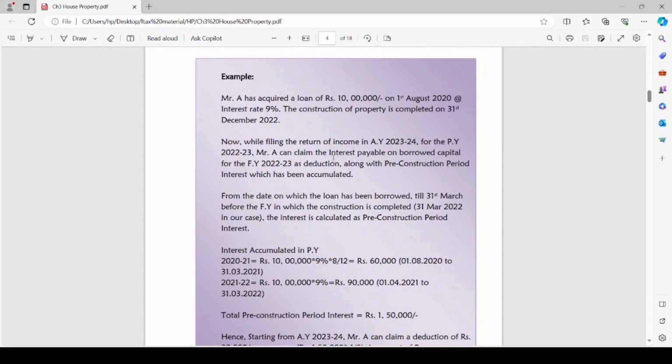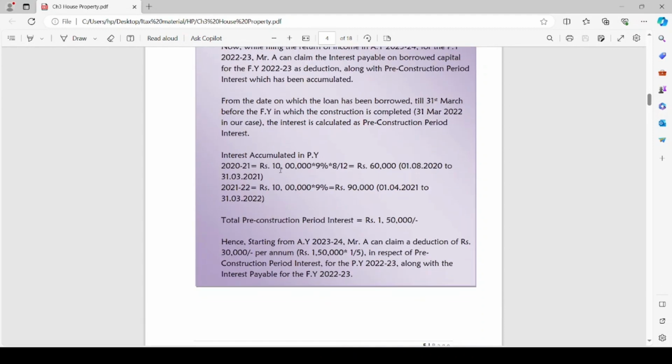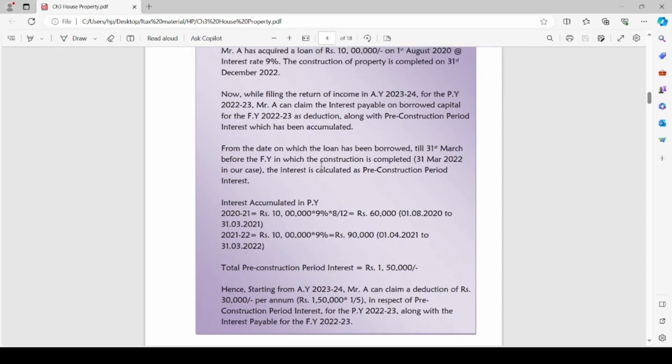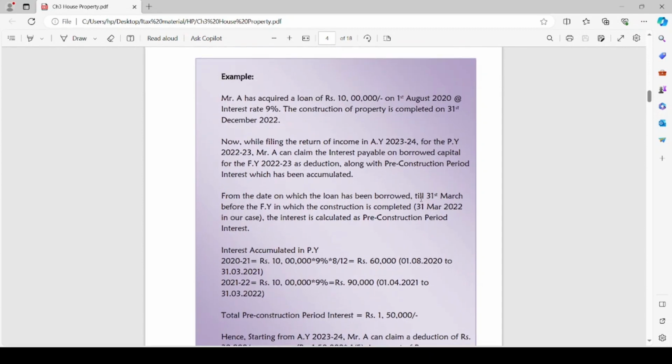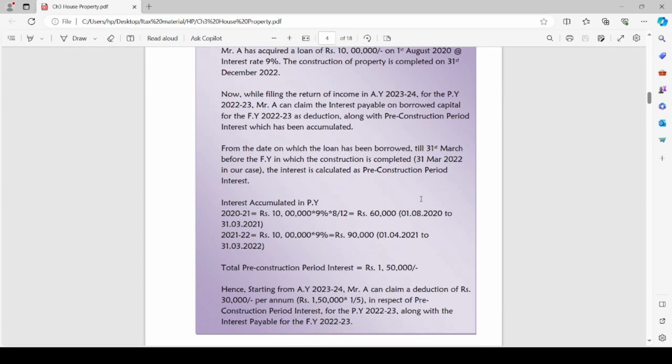Let us go through how the interest has been accumulated in the previous years 2020, 2021. On the borrowed loan amount, that is rupees 10 lakhs, 9% interest is calculated for 8 months only. Since we borrowed the loan on 1st August 2020, the loan has been availed for 8 months only in the year 2020-2021.